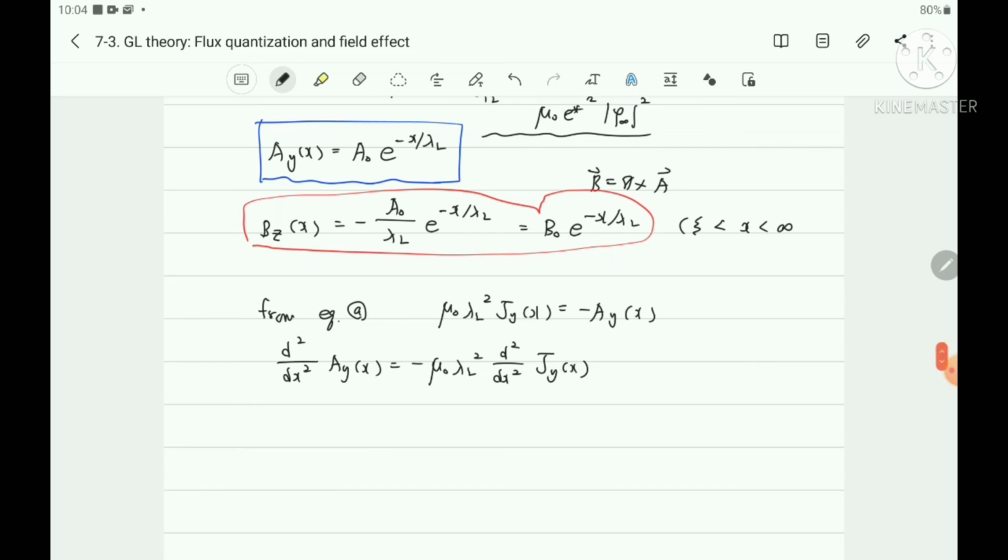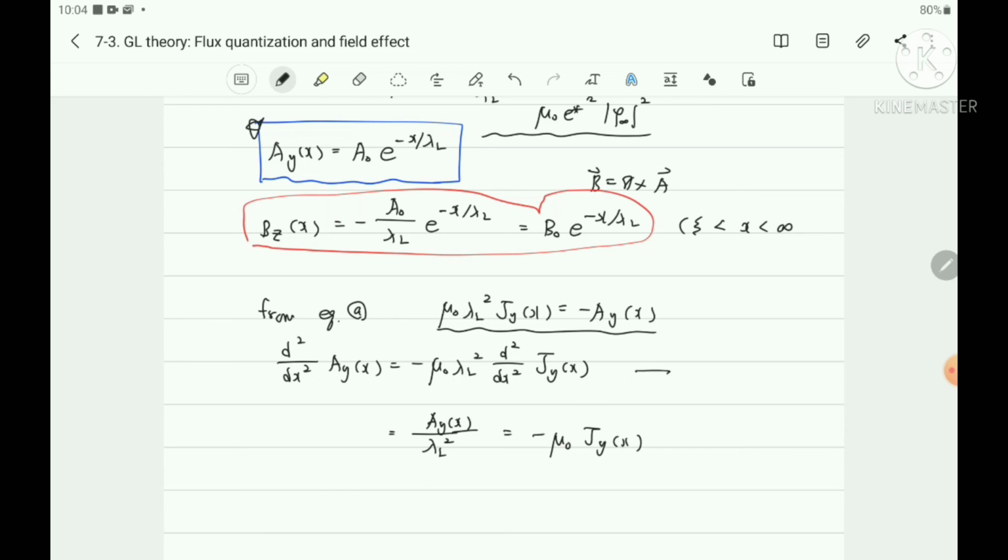Then from this equation, AYX over lambda L square is minus mu zero JYX.